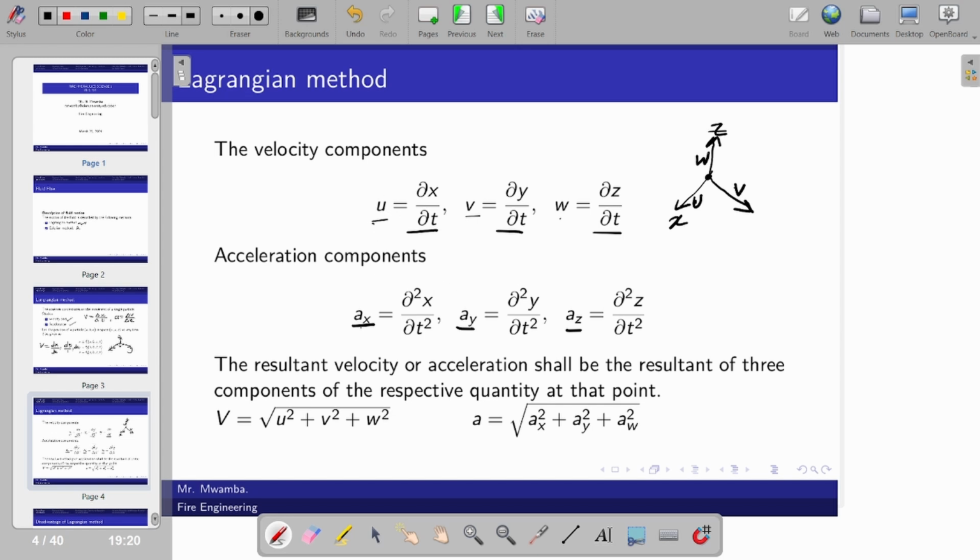Because remember, Lagrange, we are looking at the movement of the fluid, particularly the velocity and the acceleration. So if you have these components for this particular particle, you can find the resultant velocity or resultant acceleration.